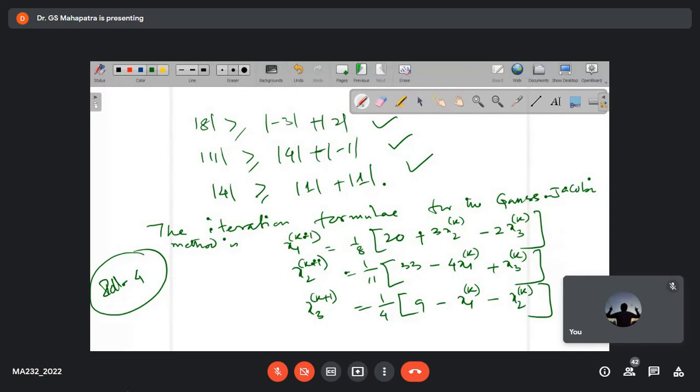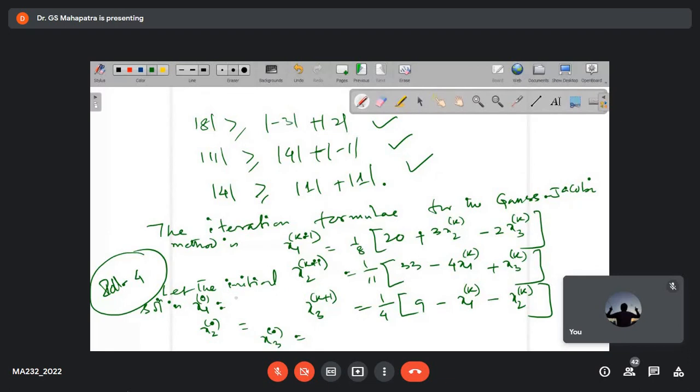So let the initial solution be x1(0), x2(0), x3(0). It is given or not? And if it is given, what is that? 0, 0 and 0, sir.